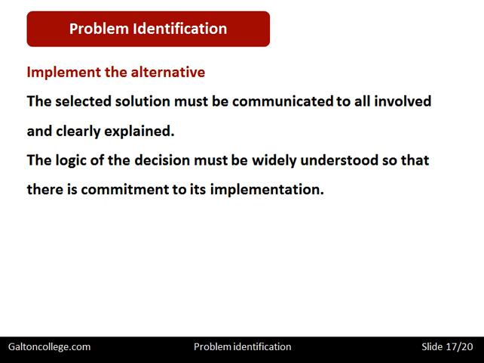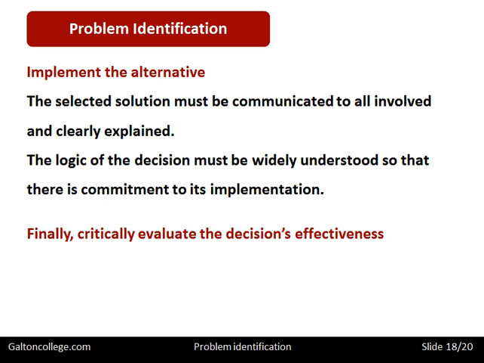Why that particular route was selected when alternative routes were available, that should be clearly understood. They were selected because it was the best one, and why was it the best one? Well, explain it. The explanation will engender commitment to its implementation. The workforce will try harder to implement it because it was logical, it was the best decision.